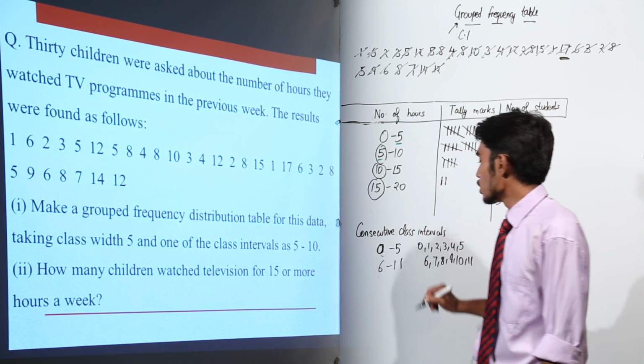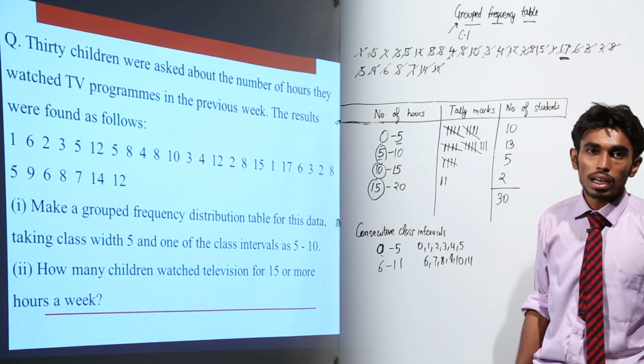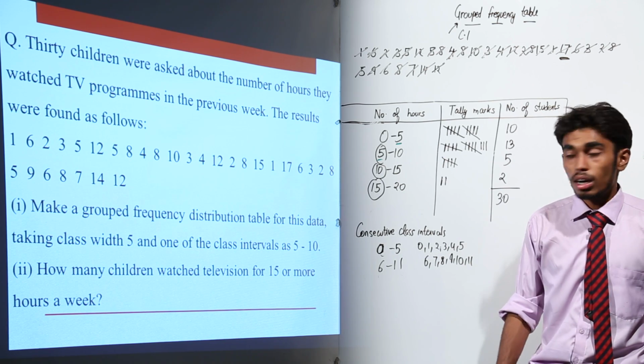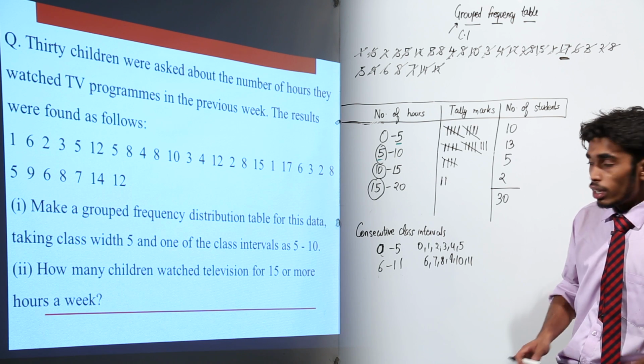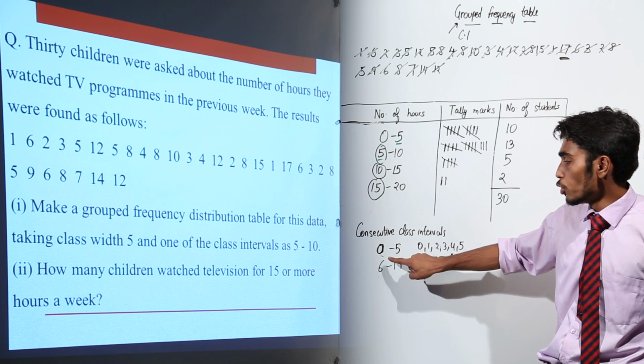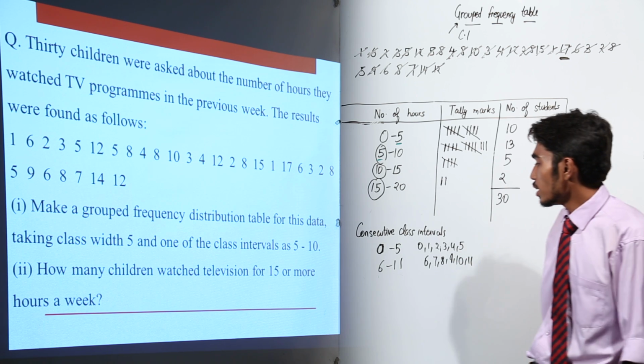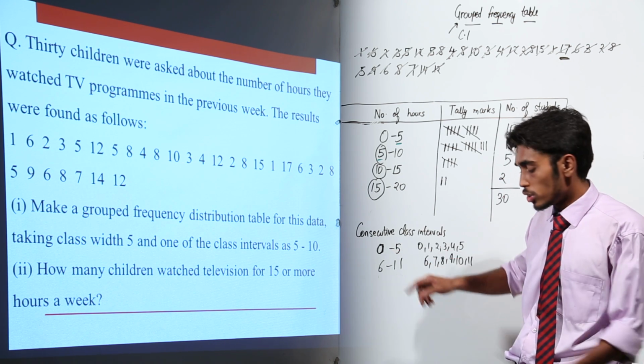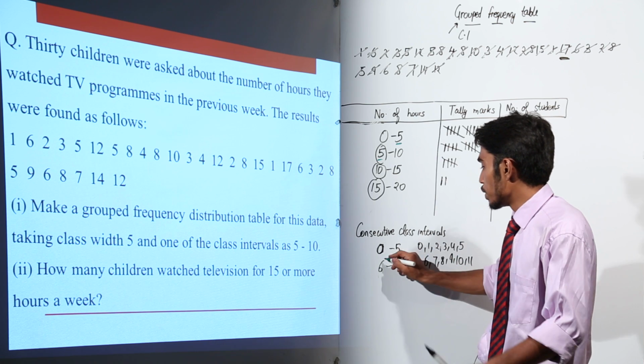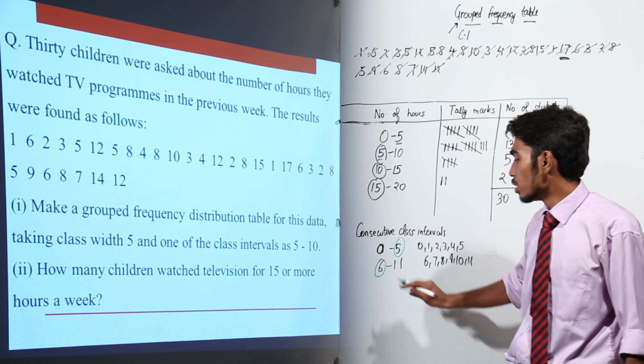What I mean to say is that instead of having continuous class intervals, you can have class intervals which are discontinuous. In this case, 0 to 5, and the other class interval is 6 to 11. As you can see, the upper class limit here is not equal to the lower class limit here. These are not equal.